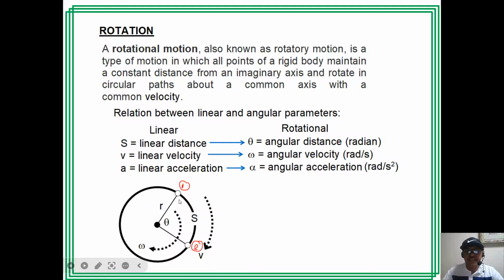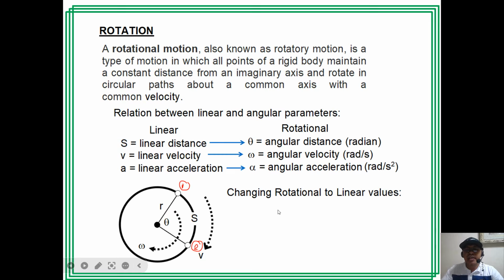Then, the angular velocity is expressed in radians per second, represented by omega, and that is the equivalent of the linear velocity v. Also, if this is accelerated, alpha represents the angular acceleration, equivalent to the acceleration a in linear motion.